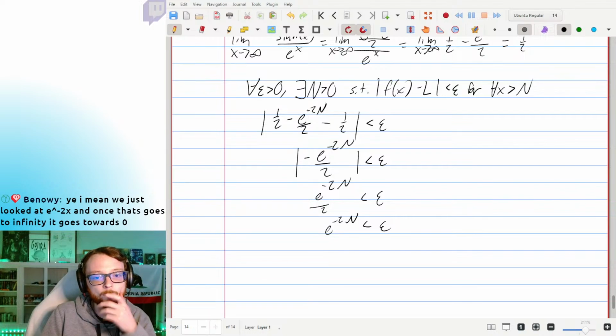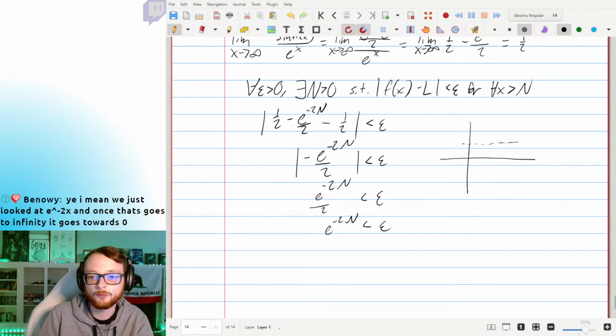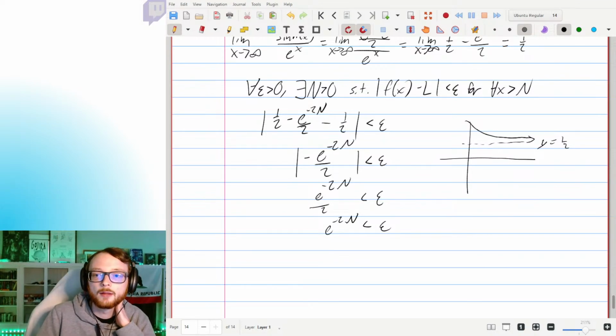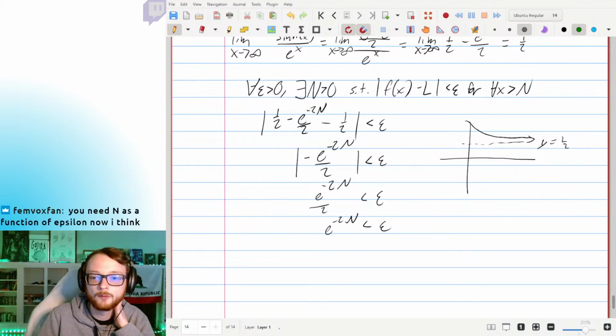So the point of this proof is that you need to be able to show the limit is going to be a half. I don't know what the curve looks like, but if that's x equals y equals a half, and the actual function looks something like that, if they say tell me where the function is within, say, 0.25, you have to be able to name a cutoff point in terms of x, after which the function is always within 0.25.